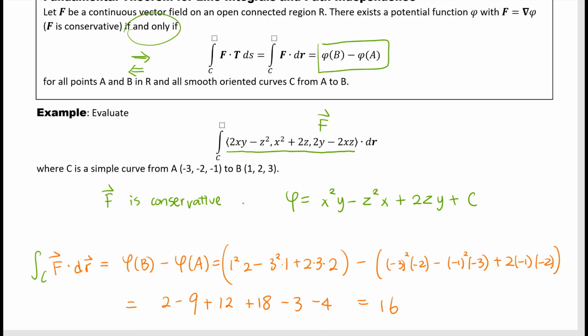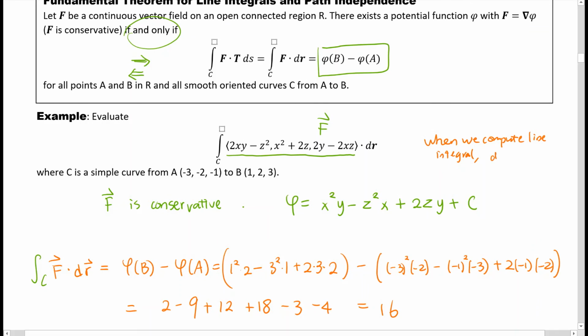And here, you see when we compute the line integral, we don't need a parameterization. Right?